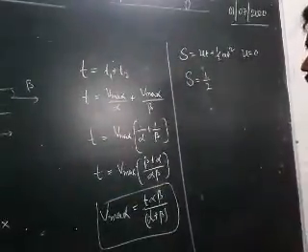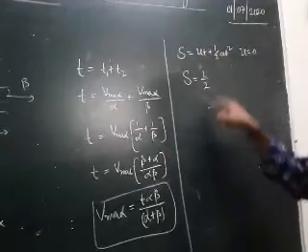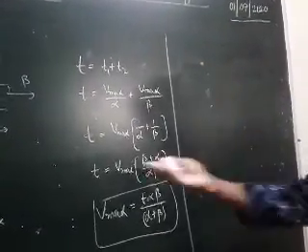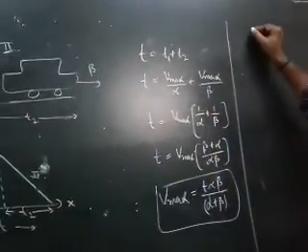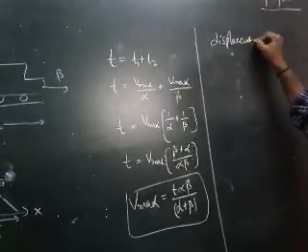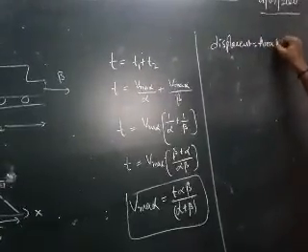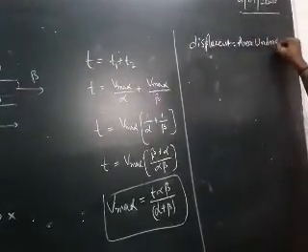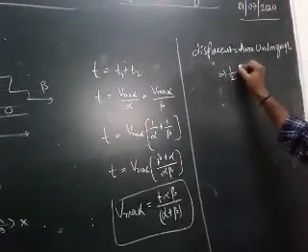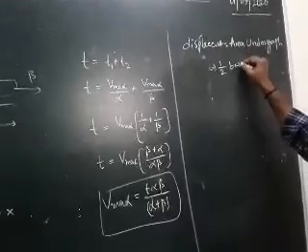We can use the area under the graph, base into height. So we get displacement directly as the area under the graph, that is half into base into height.